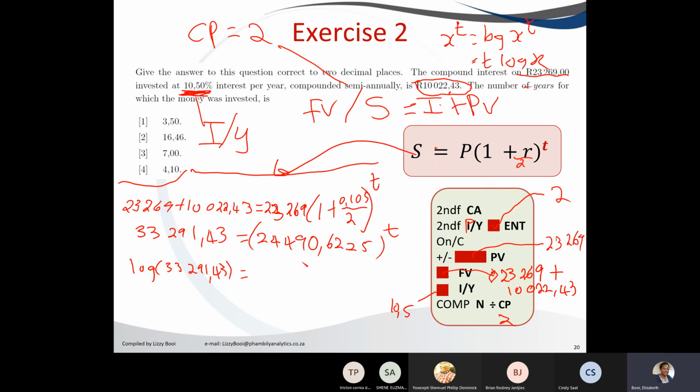So we can do it the same way here: t times the log of everything inside the bracket, 24,490.6225. Therefore, we divide this side by the log of 24,490.6225, so the answer this side will just be t, and this side will be the log of 33,291.43 divided by the log of 24,490.6225.